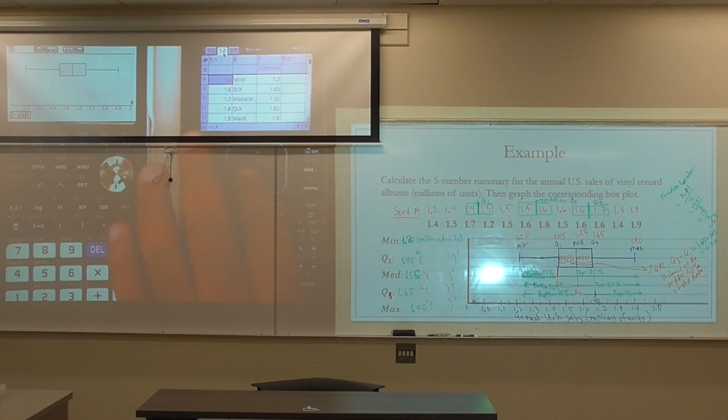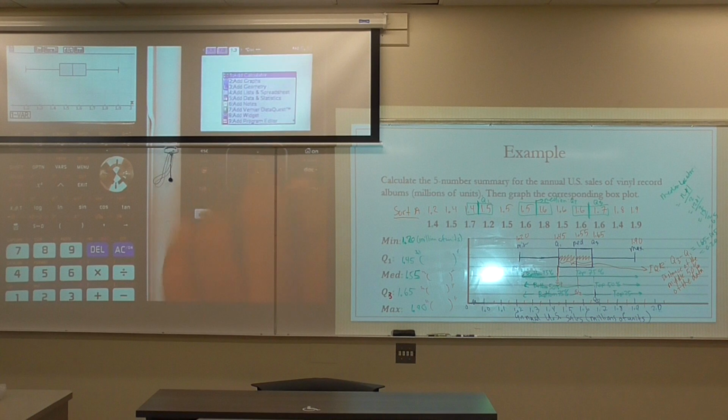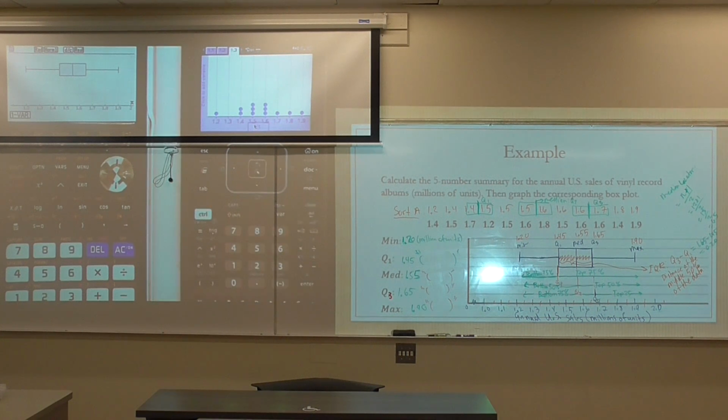And the dot plot, I'm going to make another one for us. We clearly see no outliers. All the data appear to be close to the majority of the data.